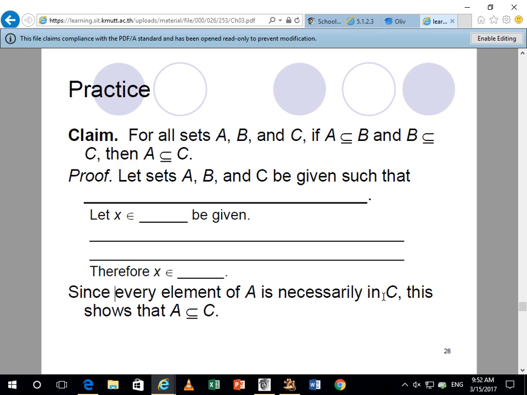So we do the same thing now, right? Next, we use this condition and put this in here. So now we start with X is an element of B. And then we have the second condition, if this is true, and also B is a subset of C. B is a subset of C. So what does this mean? This means X is an element of C. Right?